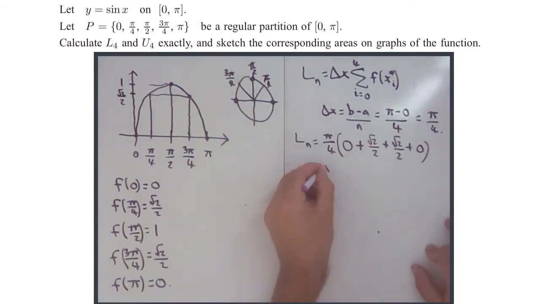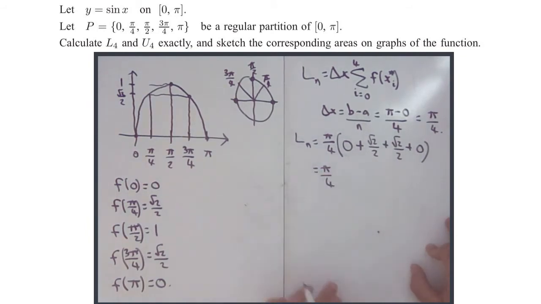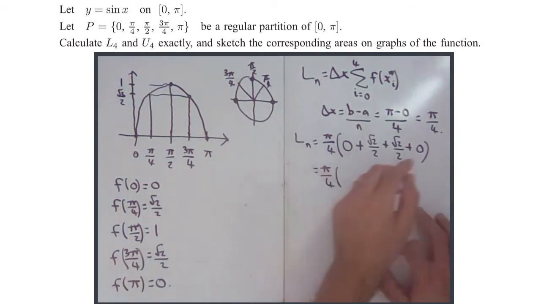So now we have pi by 4 times 0 plus 0, plus root 2 over 2 plus root 2 over 2. So that's 2 root 2 over 2. Pi by 4 times 0 plus 0 is 0. Then you've got root 2 over 2 plus root 2 over 2, which is just root 2.